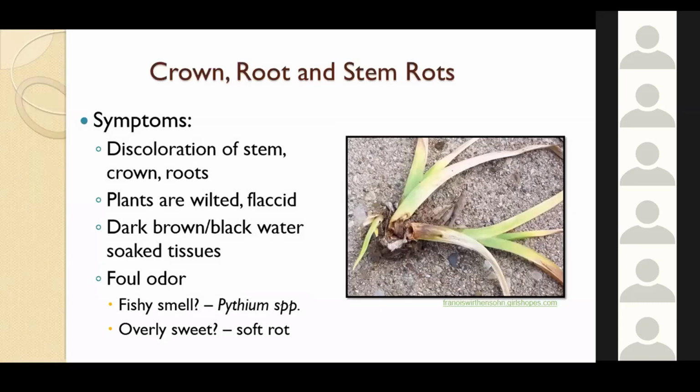That wilting or flaccid look is all due to the plant not being able to uptake nutrients the way that it should. Also, if you see any sort of dark brown or black water-soaked lesions right around the soil line that extend up, or if they're on the roots, again, that's a sure sign of crown or root rot.